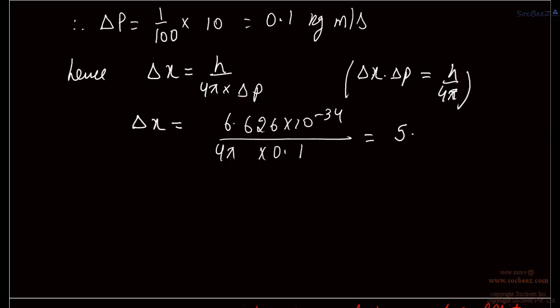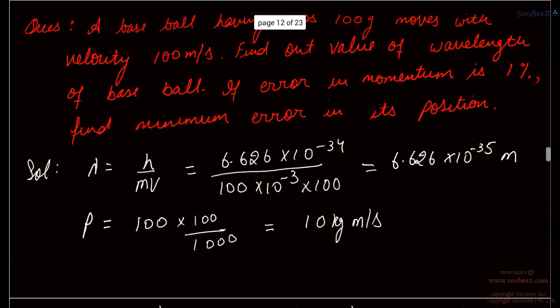So if we simplify it, we will get the value of uncertainty in position as 5.27 into 10 raised to the power minus 34 meters. Now since this value is negligible, we cannot observe this value through our naked eye, hence Heisenberg uncertainty principle generally does not apply to macroscopic objects.